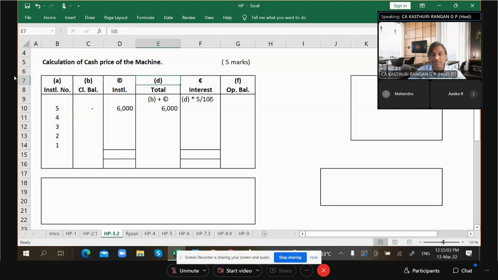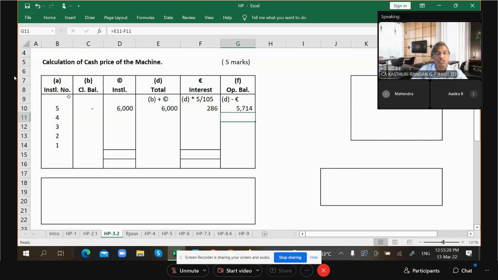Why 5%? Interest is 10% per annum. But you are paying installment half yearly. Therefore, 5 by 105, which is 286. So what will be the opening balance? It will be 5714. How I got this number? 6,000 minus 286. Are you able to understand, friends?